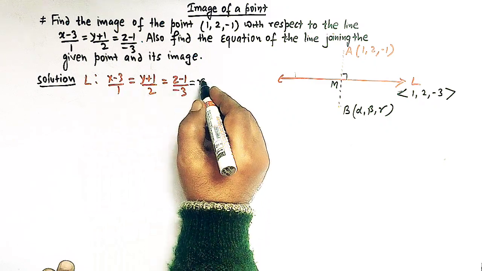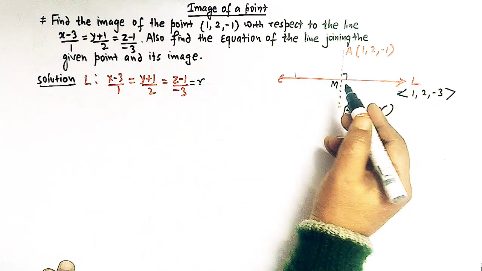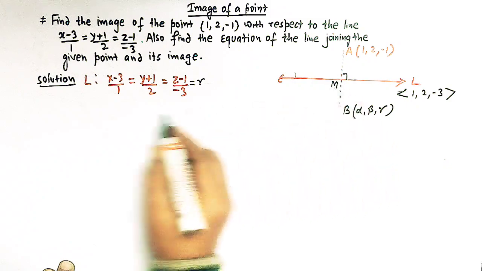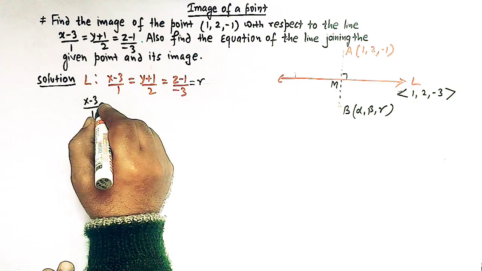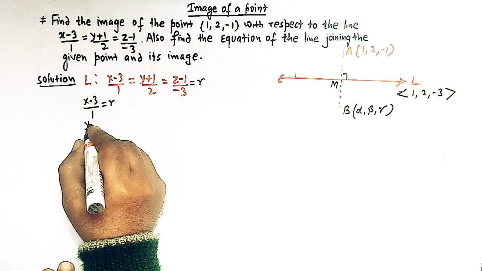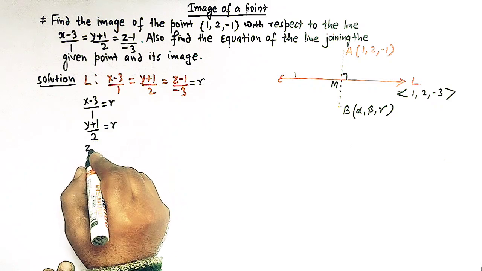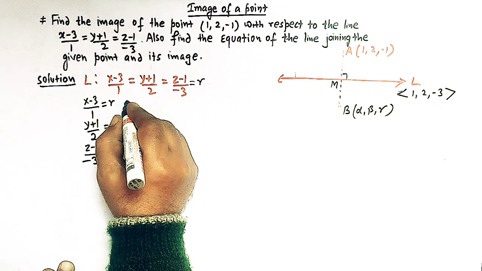For some particular value of R, we can get the coordinates of this point M. So let us form the equations: (x-3)/1 = R, (y+1)/2 = R, and (z-1)/(-3) = R.